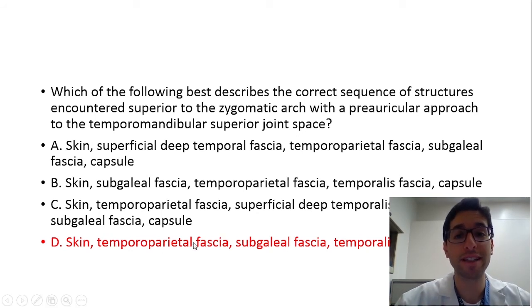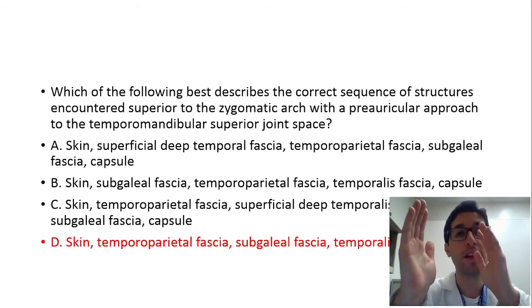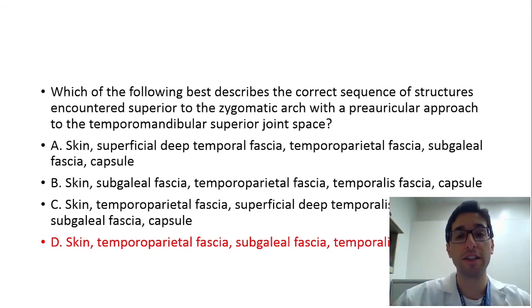And then deeper, you're going to get the temporalis fascia, which has both a superficial and a deep layer, because it's on both sides of the muscle. You have the superficial temporalis fascia, then you get the muscle, then you get the deep temporalis fascia. And then where does the subgaleal fascia play a role? Well, this could be tricky, but you have to remember the galea is continuous with the temporoparietal fascia.